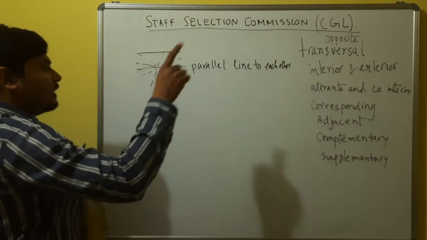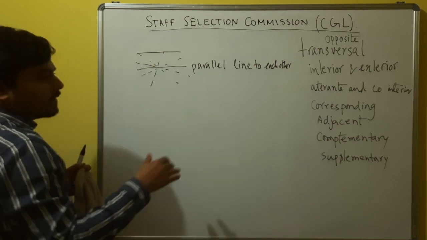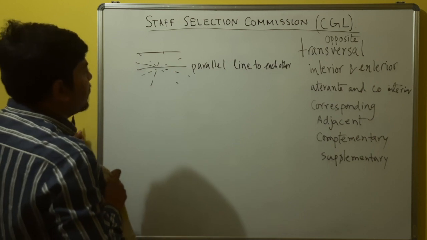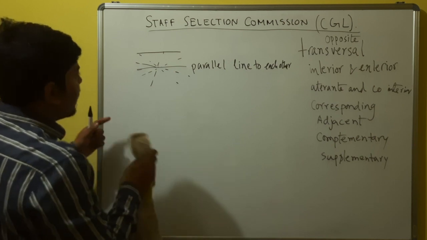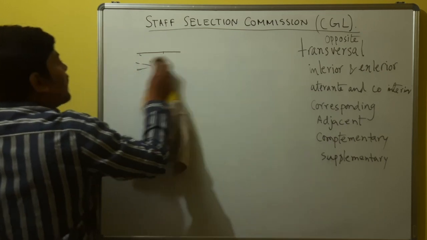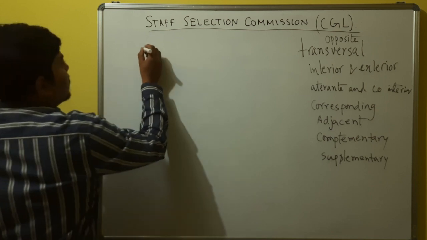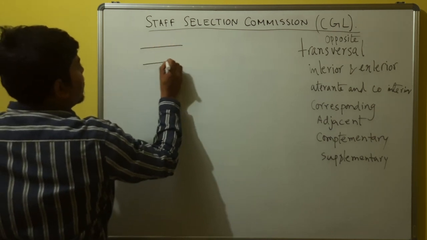I can draw only one line which will never meet this line. In any direction I can extend up to any length, it will never meet. That particular line is called a parallel line, and all other lines are going to meet at some point.